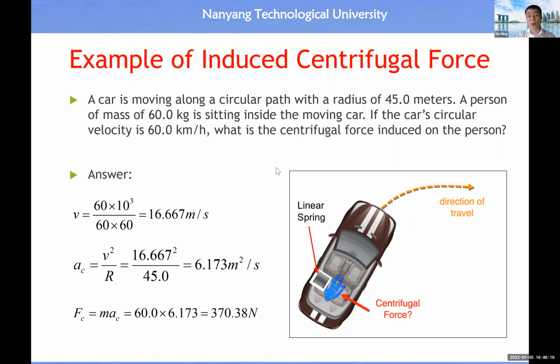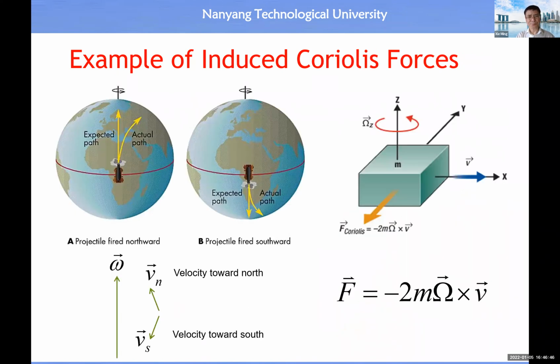For this example, the question tells you the radius of the circular path, the mass of this person, and the circular velocity. We must convert the circular velocity into the basic unit of measurement, meters per second. Once we know v, we can calculate a. Once we know a, we can calculate the centrifugal force. So it is quite a straightforward computation.